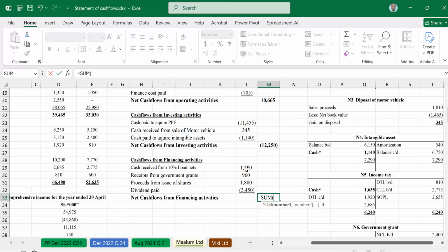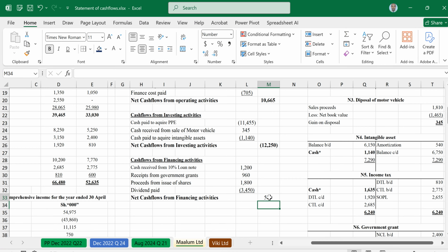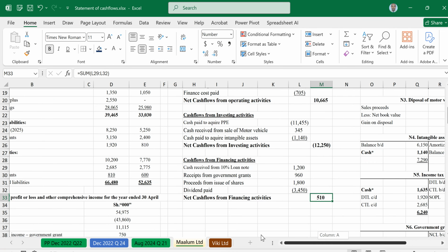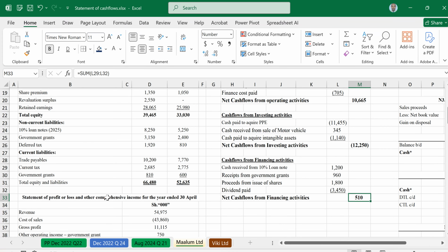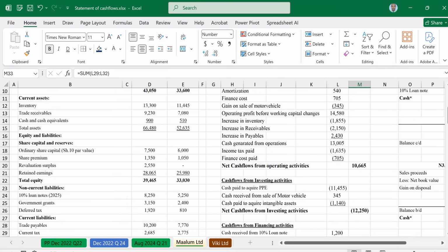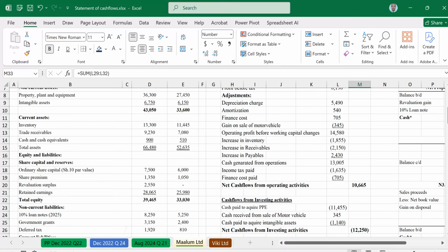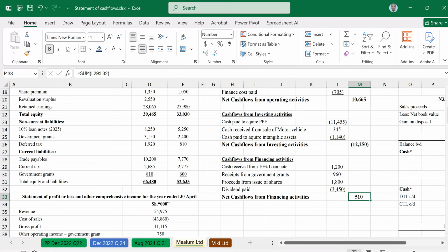When you are summing all this, 510 becomes the net cash flows from financing activities, unless there is an amount that has been left out. That is all on cash flows from financing activities.